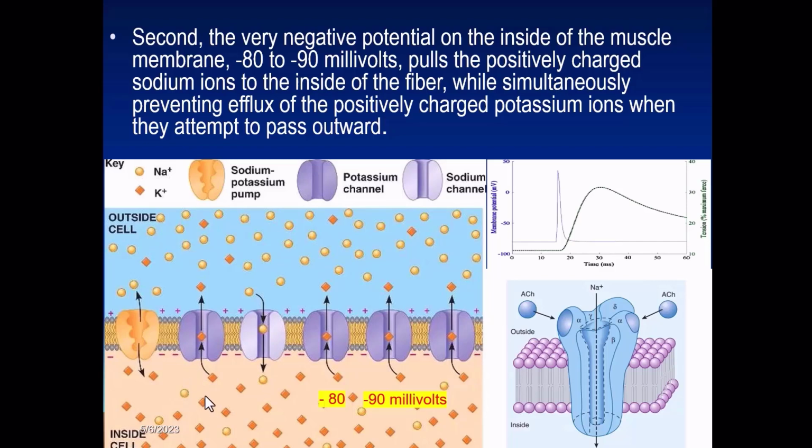When the membrane is resting, the muscle resting potential is minus 80 to minus 90, and this resting potential is maintained by the potassium. This is the maximum power of the potassium, which retains the resting membrane potential.